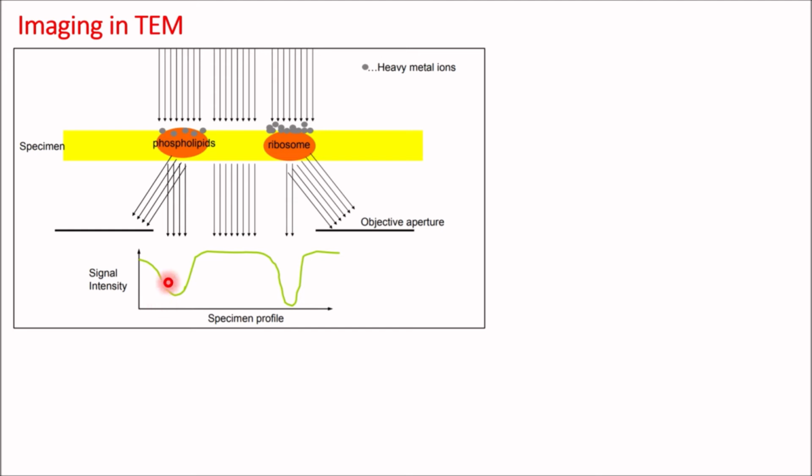Very light elements like carbon, oxygen, hydrogen, nitrogen, sulfur, phosphorus, etc. lead to poor interaction with the electrons and hence provide almost no contrast in the imaging. Also, the absorption of electrons by the specimen is very small and does not contribute to contrast formation.